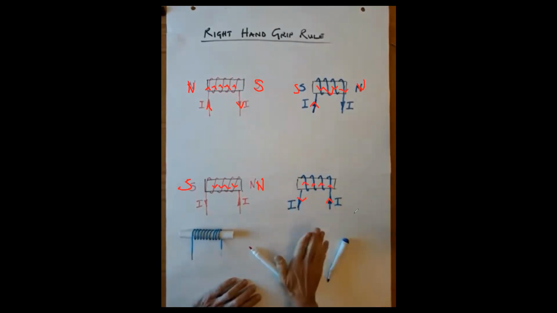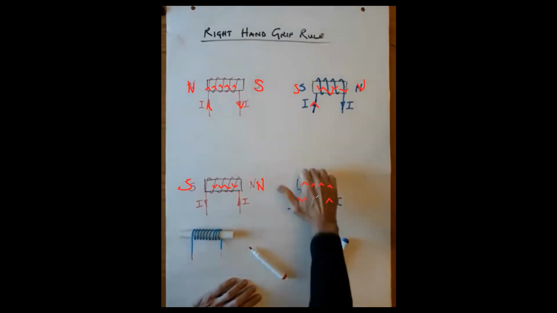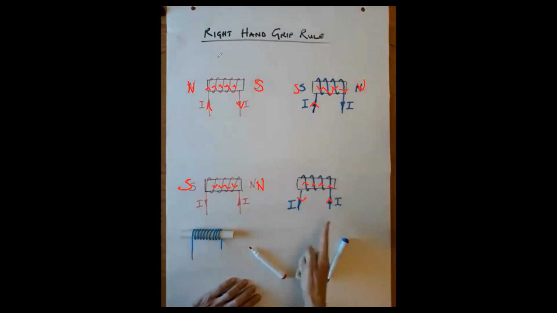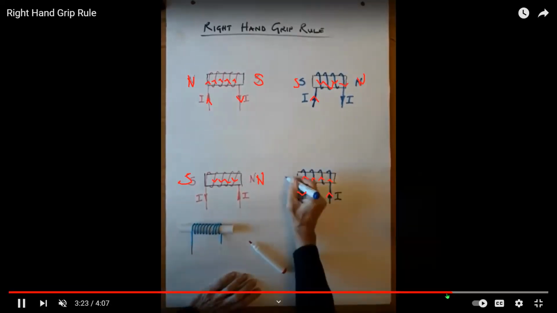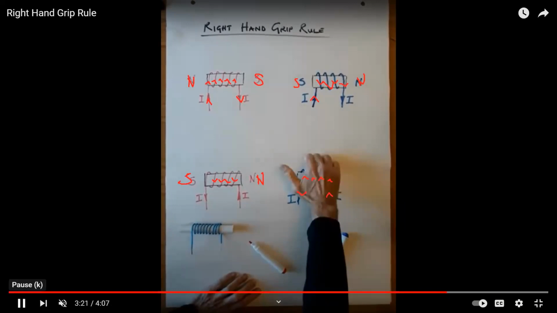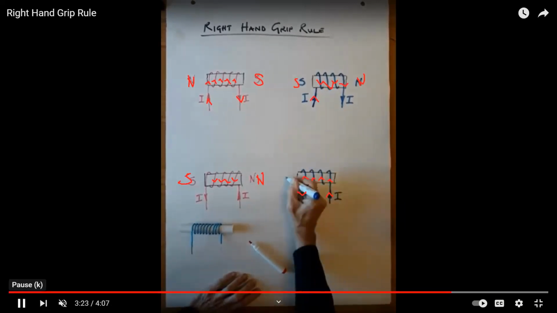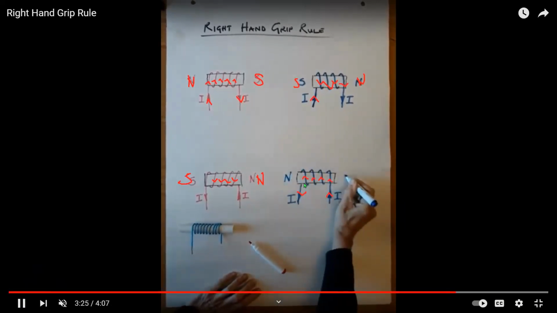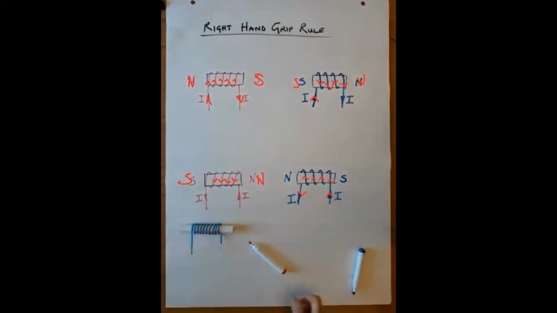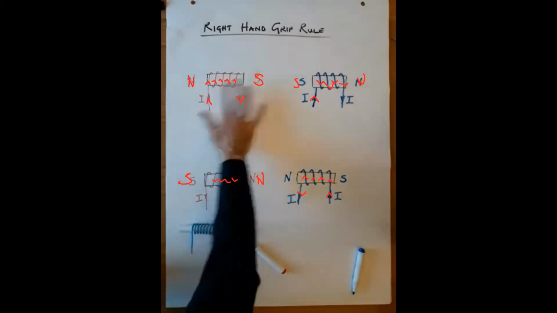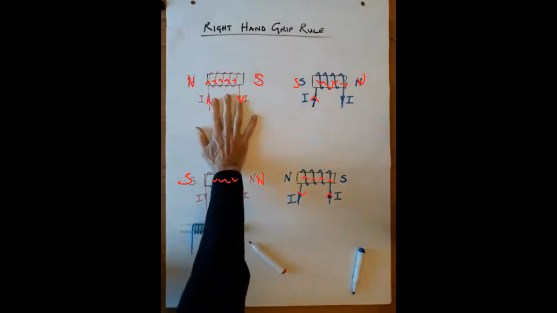So if you do your right hand grip rule, the fingers will follow through to get something like this. So in a similar way, you'll get your north and your south. Okay, that's all. This is called the right hand grip rule. Is it important? Yes. Very, very important.